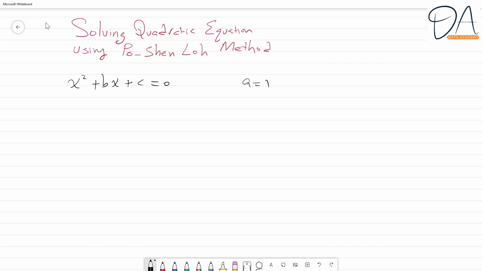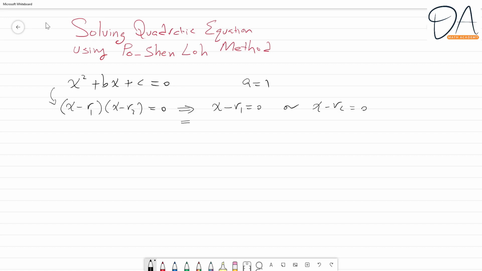In other words, we are able to write this in the form of a product of two factors. For example, x minus r1 times x minus r2 equals 0. Now we know that if you are multiplying two things, one of them has to be 0. So what this means is that either x minus r1 equals 0 or x minus r2 equals 0.